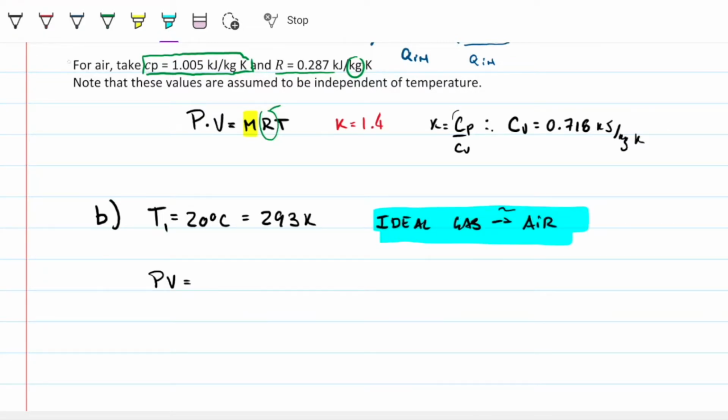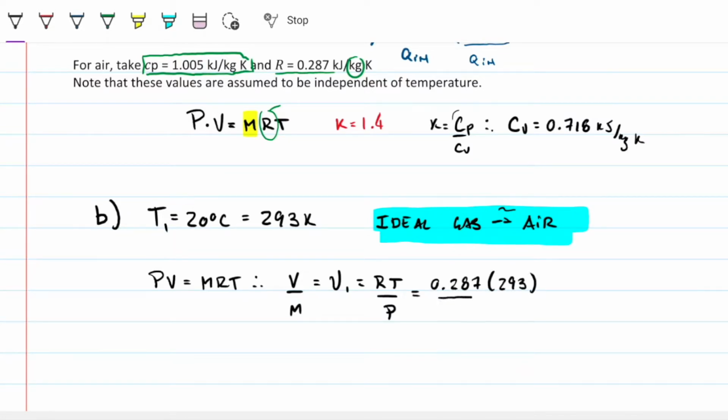So then we can use PV equals nRT, mRT, and therefore if we want to find V over m, that's just going to be specific volume for state 1. That's simply going to be RT divided by P, all of which we have, right? 0.287 times 293, and P equals 101.325. Brilliant. Unit-wise, what do we have?